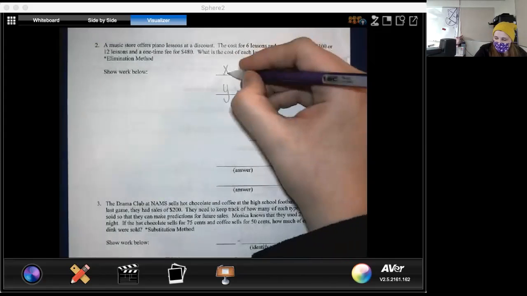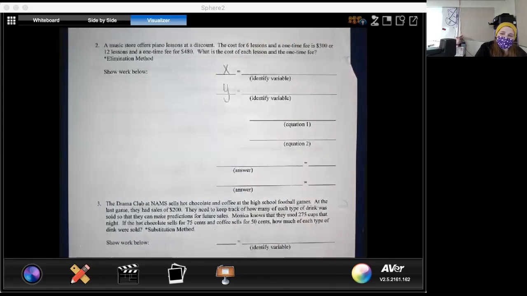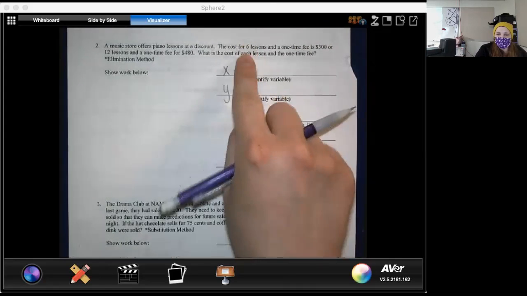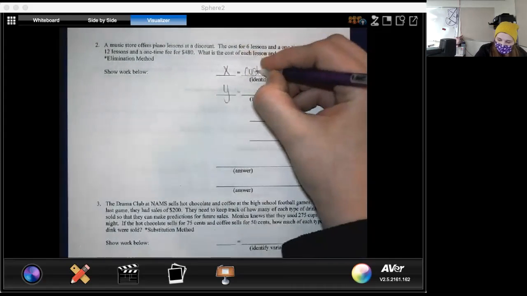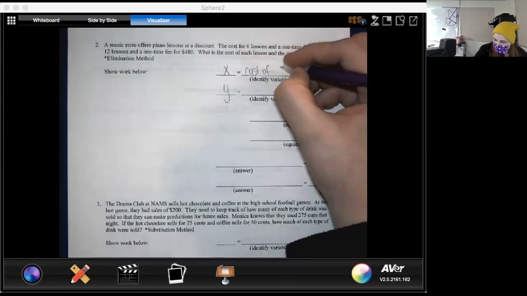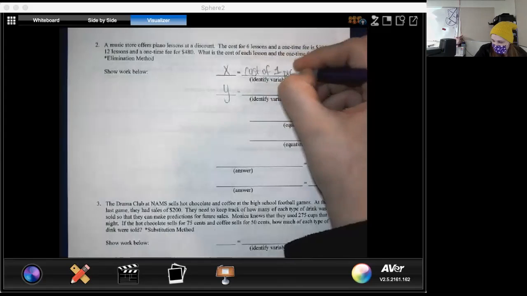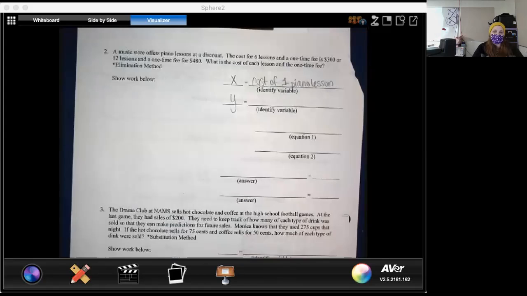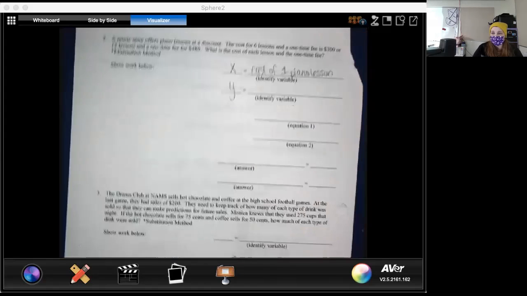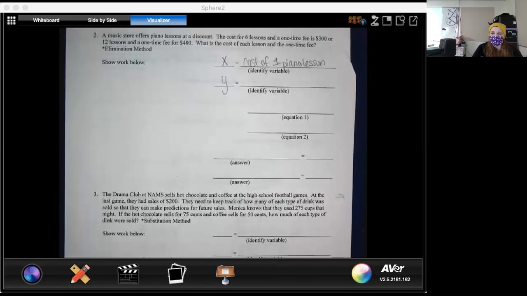Okay, so how do we know which one is X and which one's Y? Typically, it doesn't matter, but normally you'll just go with whatever order was provided to you. So the first thing it mentions was the lessons, so therefore cost of or price of one lesson or one piano lesson. Okay. Cost of, price of, one lesson, one piano lesson, any of that would work.